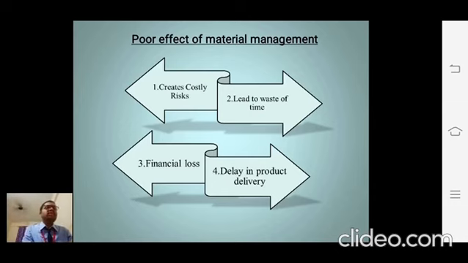If the quality of material is very good and delivery time is correct, the customer is happy and able to use that material well. If quality is better and customer demands are fulfilled, then customers will definitely use that product, and our financial loss will be avoided.